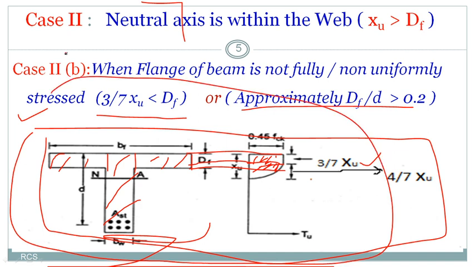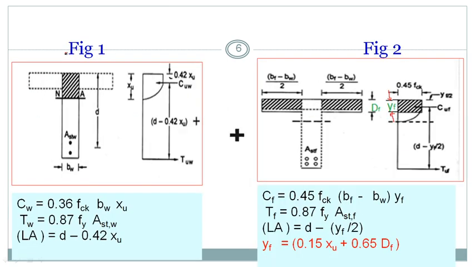Let us start our discussion by dividing the figure into two sub-figures. Let us say this is my first figure. I am neglecting these flange portions now. I am only considering the area above the neutral axis, which is under compression. You know, above the neutral axis we have compression, and below the neutral axis we have tension.